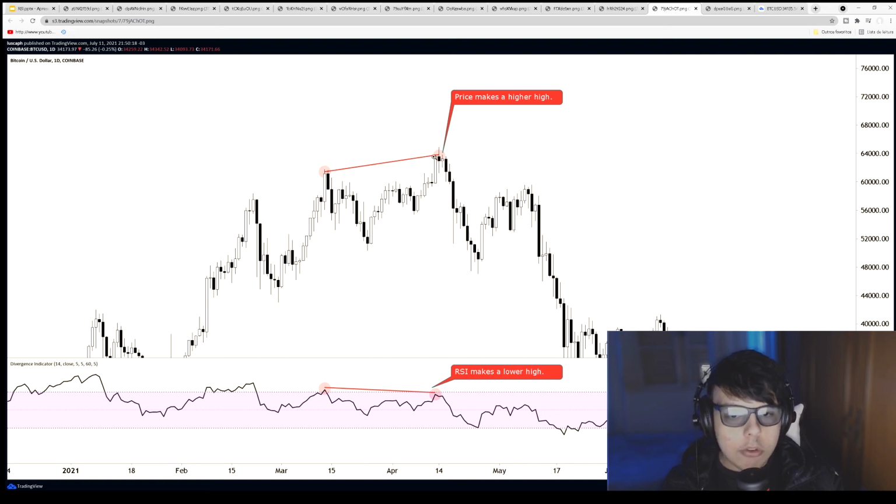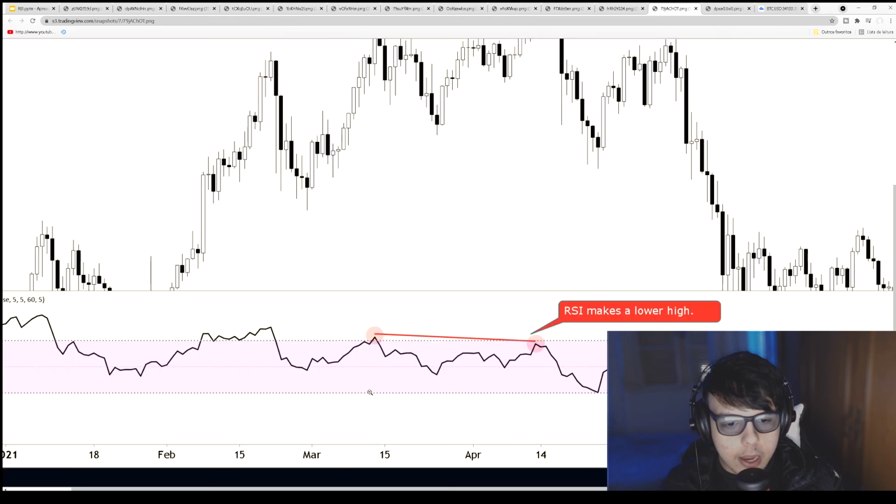Okay, so for bearish divergence, guys, instead of looking at the lows, we look at the highs. Usually for bullish divergences, we look at the lows, but for bearish divergences, we usually look at the highs like this. And if you guys look here, we made a higher high on the price, but the RSI made a lower high. So this is a contradiction as well.